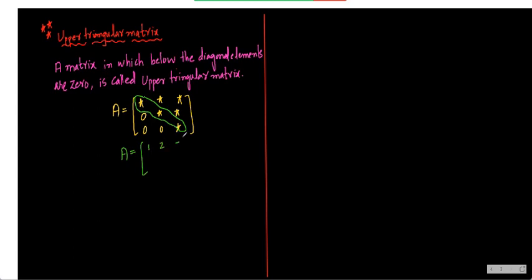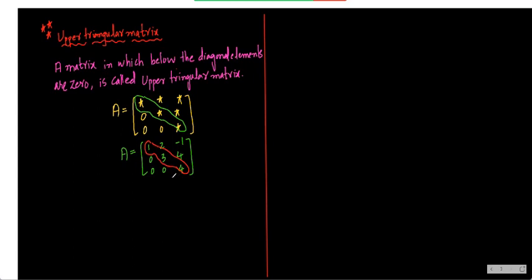For example: 1, 2, minus 1, 0, 0, 0, 3, 4, 4. It is very important that the elements below the diagonal stay 0 only. A matrix satisfying this condition is called an upper triangular matrix.